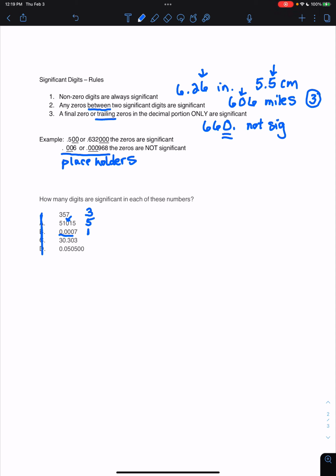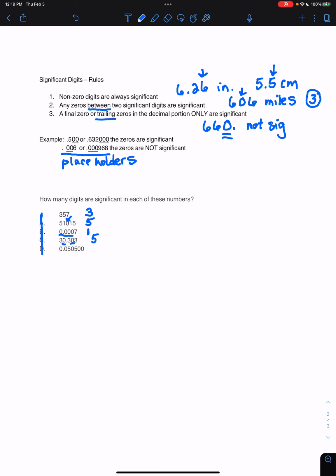Well, these zeros follow rule number 2. They are both between digits that are significant, so they are significant. So we have 5 significant digits in our 4th example problem.